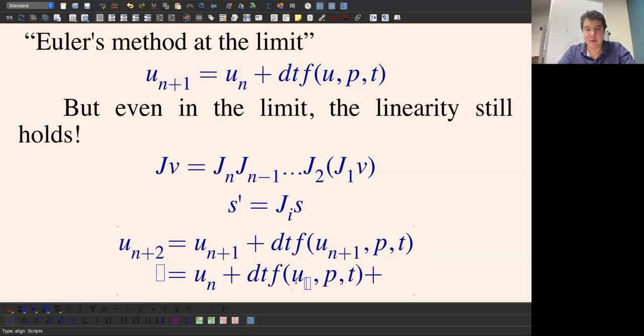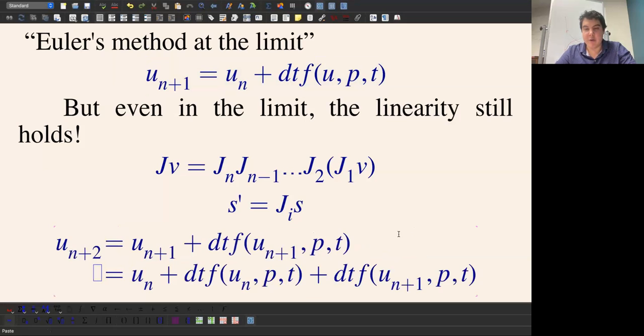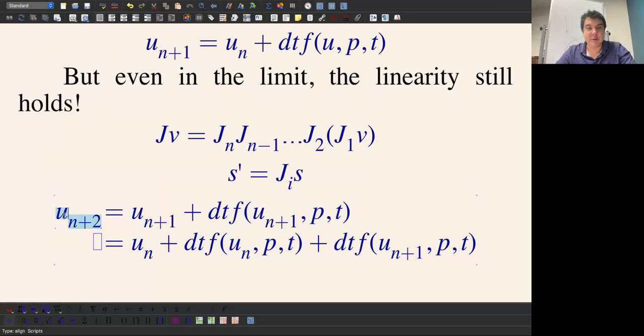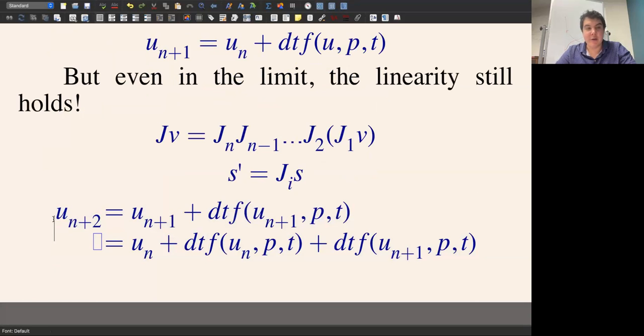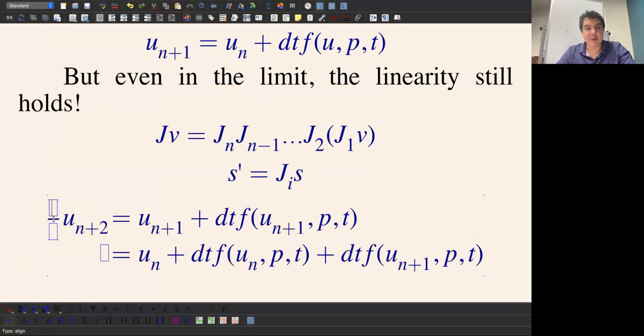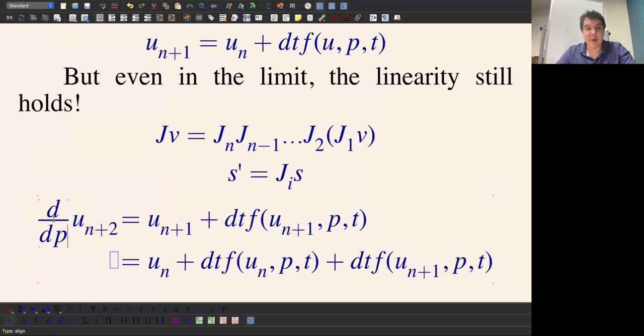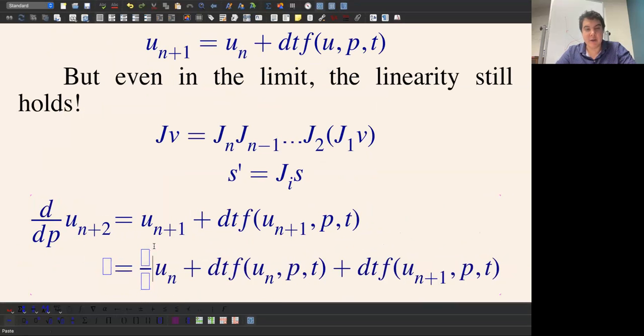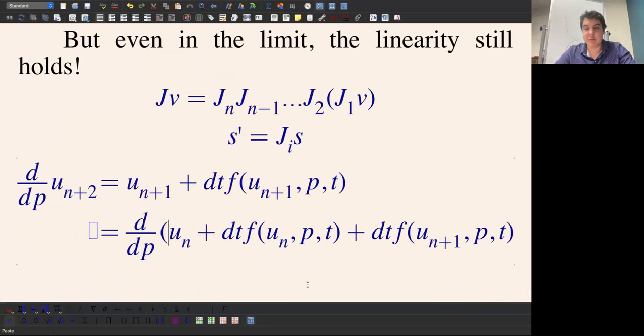Plus, right? If you think about it, if we wanted to take the derivative with respect to this point, d/dp, then we do that on this side over here, so d/dp of this whole expression.